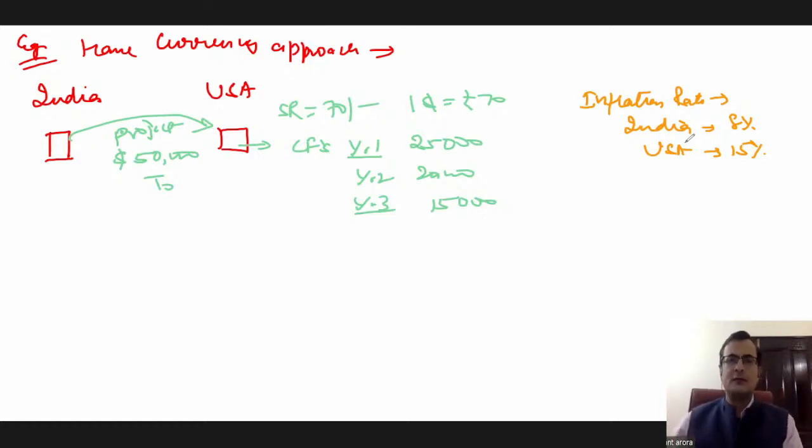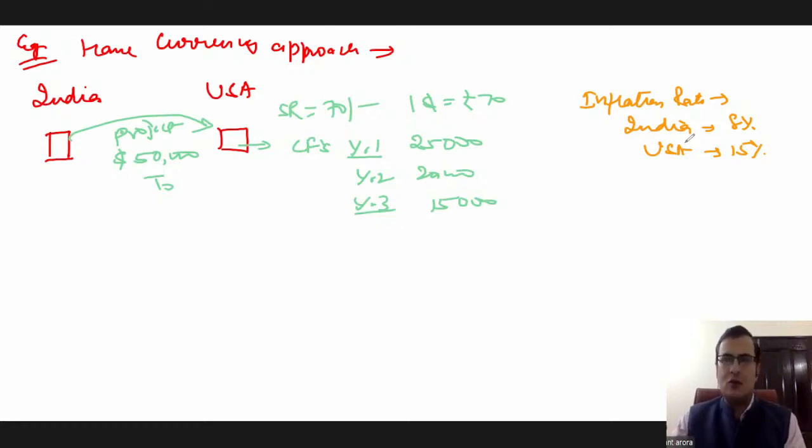So 15% means today, if you are getting onion, also let's say tomato at 100 rupees, in 1 year's time, you will get it at 108 rupees. You are getting my point. If today you are getting 1 kg tomato at rupees 100, just an example, after 1 year, you will get those tomatoes at 108 rupees. That is the concept.